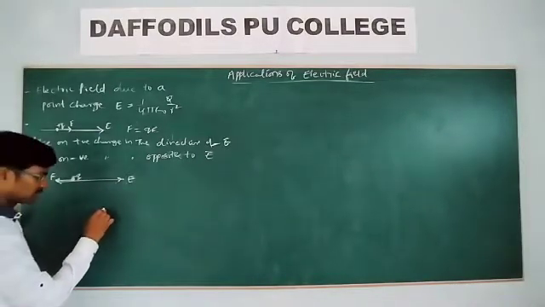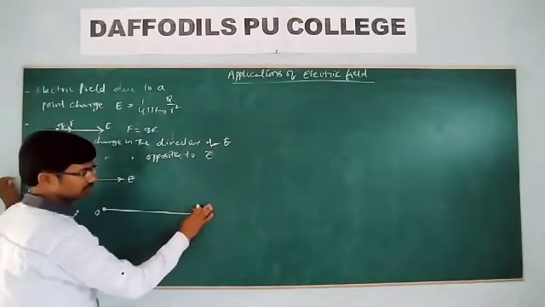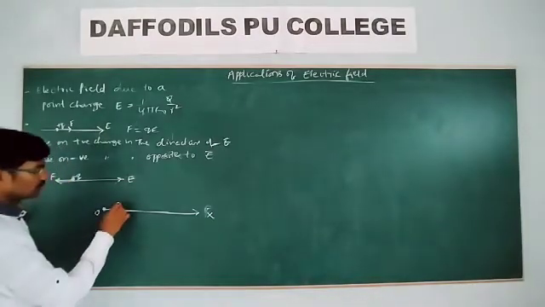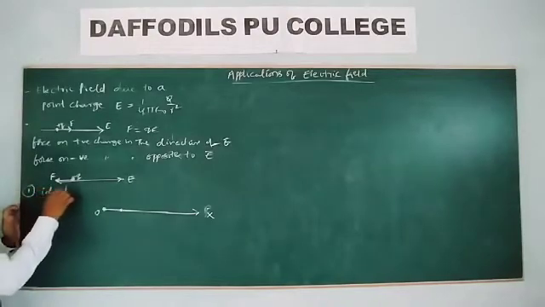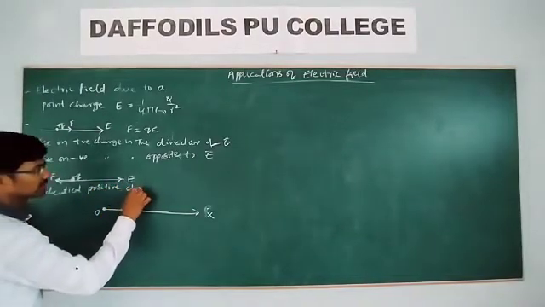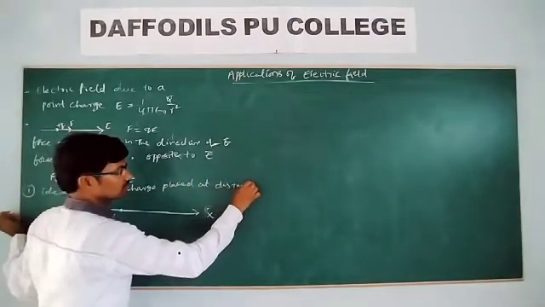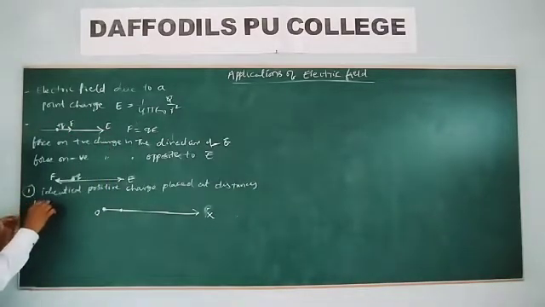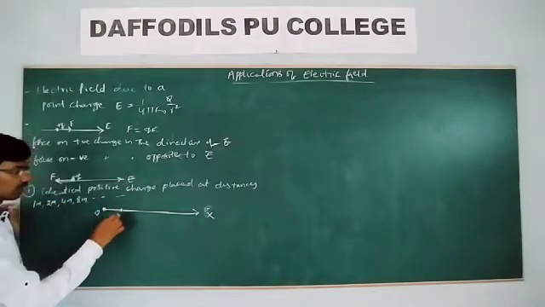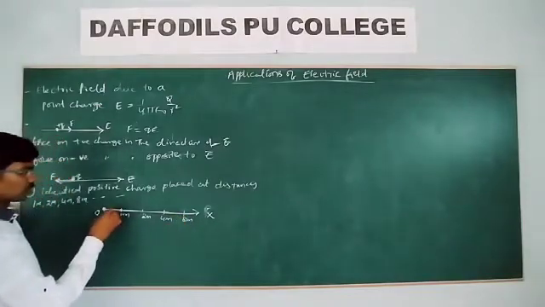Take a point O, and from O in the direction of P, OP, which is along the X direction, identical positive charges Q are placed at distances 1 meter, 2 meter, 4 meter, 8 meter and so on.